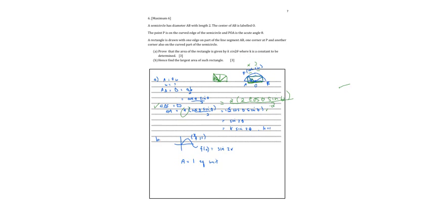So I simply rename. 2 divided by 2 is 1. And 2 cosine theta sine theta, we have the identity for this, and that's equal to sine 2 theta.